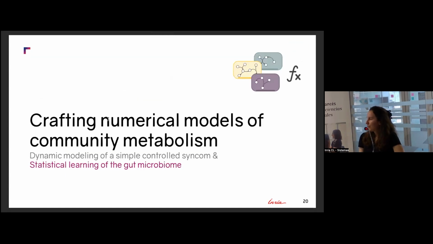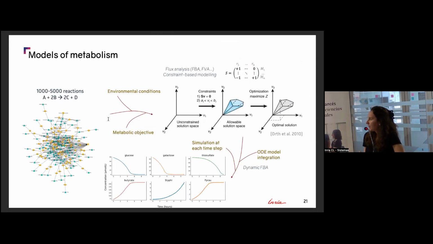The second project that I wanted to introduce on this topic is related to statistical learning on this data. Because, as I told you earlier, flux balance analysis solves an optimization problem. And this optimization problem has to be solved at each time point, which can be very time consuming for large systems.